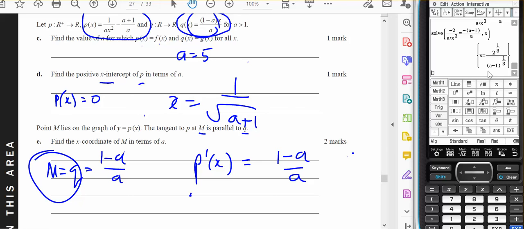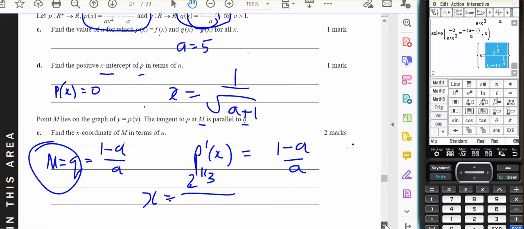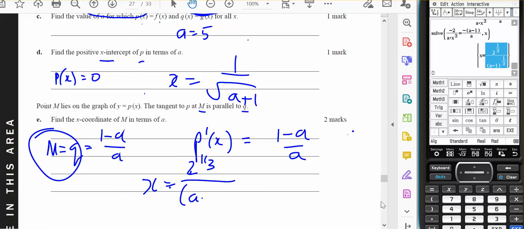So I'm going to get A equaling... So this is where the tangent's going to touch the curve at x equals 2 to the 1/3 over A minus 1 to the 1/3, or 2 on A minus 1 cubic root. So that's part E done.